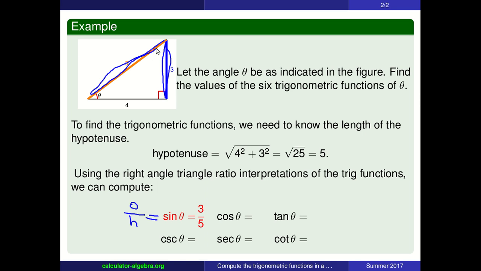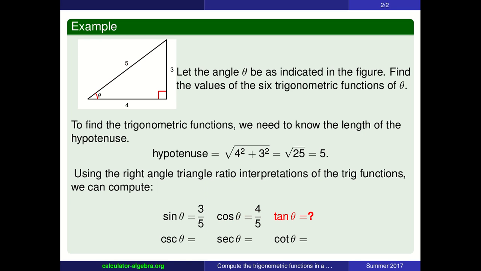So once again, sine of theta equals the opposite side over the hypotenuse, so 3/5. Next, cosine of theta. Can you guess? Well, I guess you guessed correctly. So cosine of theta must be the adjacent side over the hypotenuse, which must be 4/5.